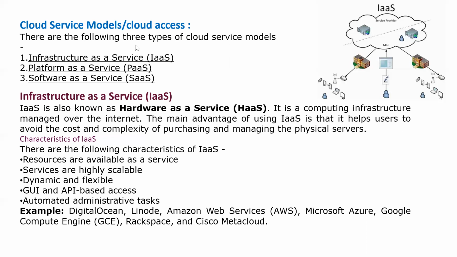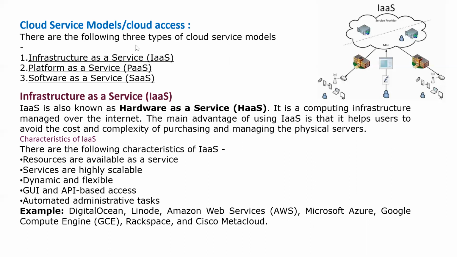Particularly in this model, the things which can be outsourced by the user are storage, networking, etc. Such hardware services we can avail from the cloud providers. If this is happening, then it is called infrastructure as a service. So you can access infrastructure through cloud, and it is called infrastructure as a service.